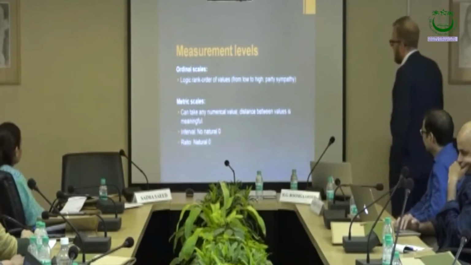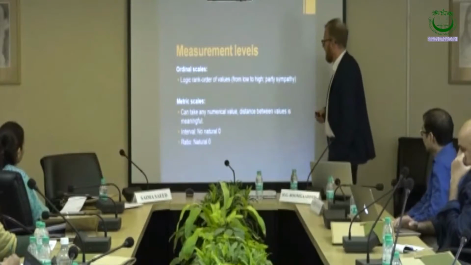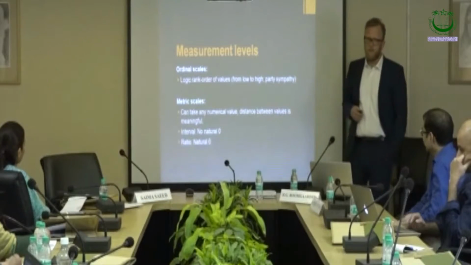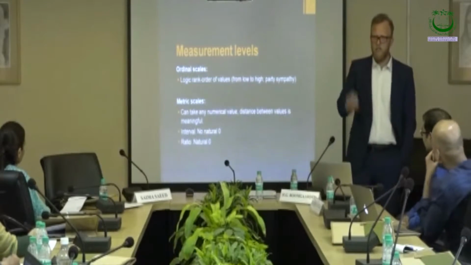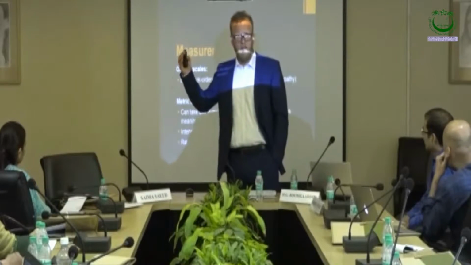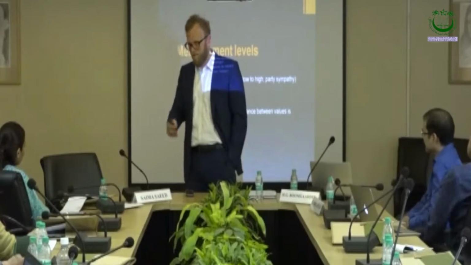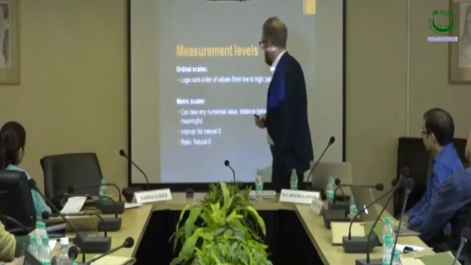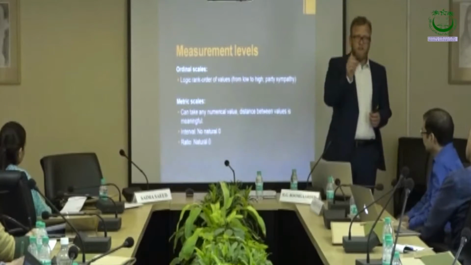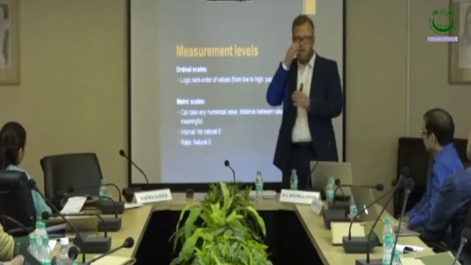I think it should be very easy for all of you. In ordinal scales, there's a logical rank order of the values that you assign, from low to high, for instance. I very much agree, I agree a little, I don't agree, I very much don't agree. Still, it doesn't say anything about the distances between these numbers.